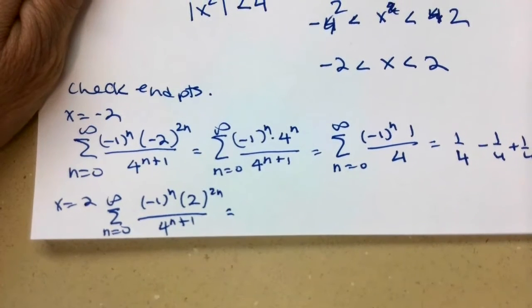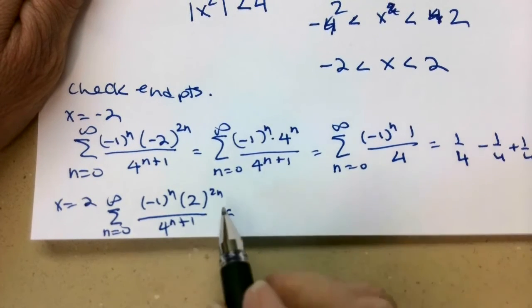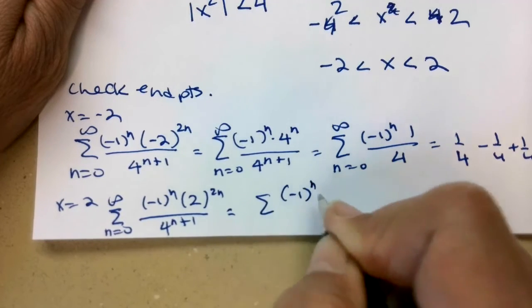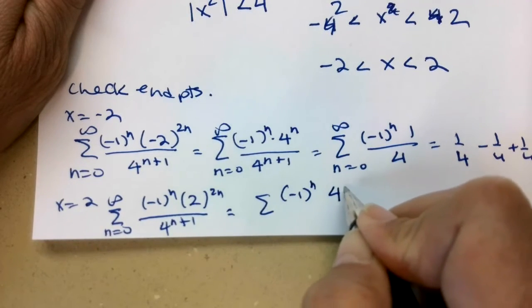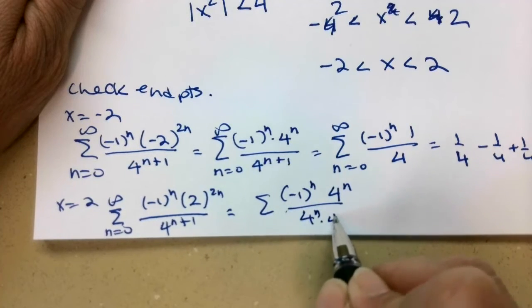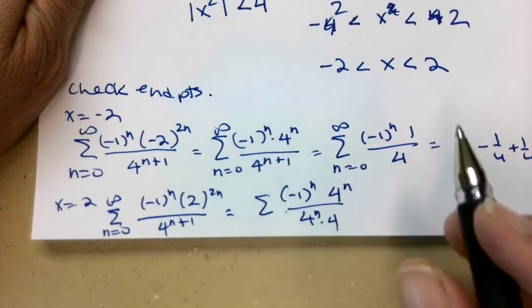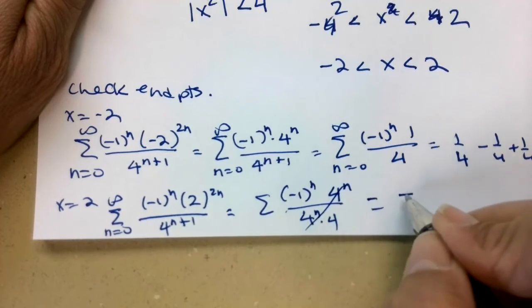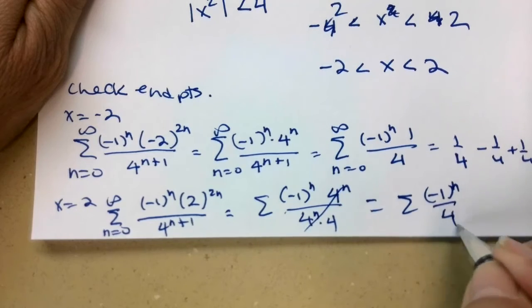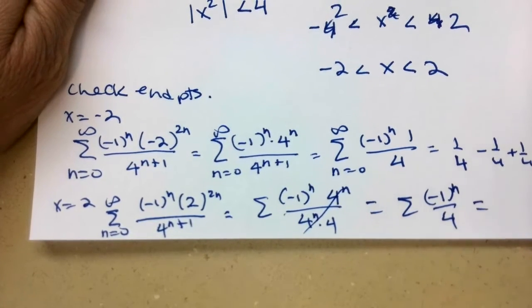So that looks like we're going to get to the exact same spot because it'll still be, right, our alternating term, negative 1 to the n. I'm going to get a 4 to the n divided by 4 to the n times 4. Right, that's my 4 to the n plus 1. Negative 1 to the n over 4. Same exact series coming out.